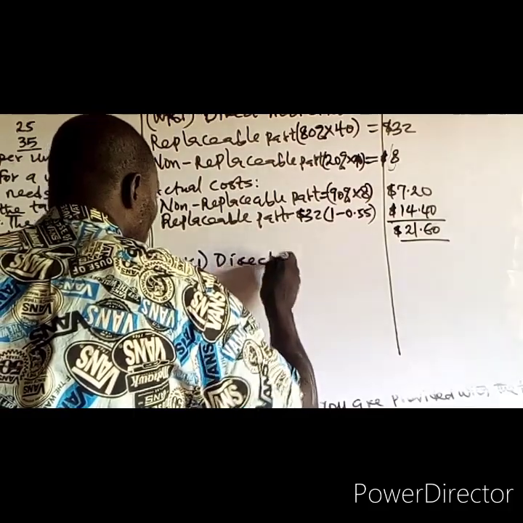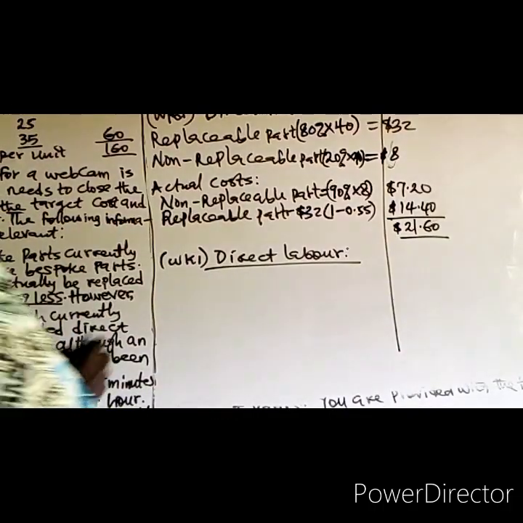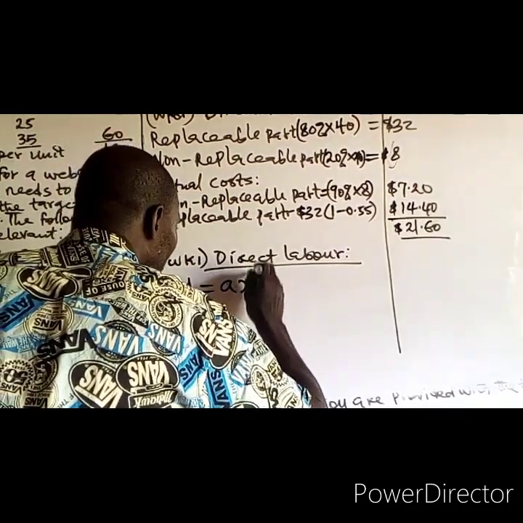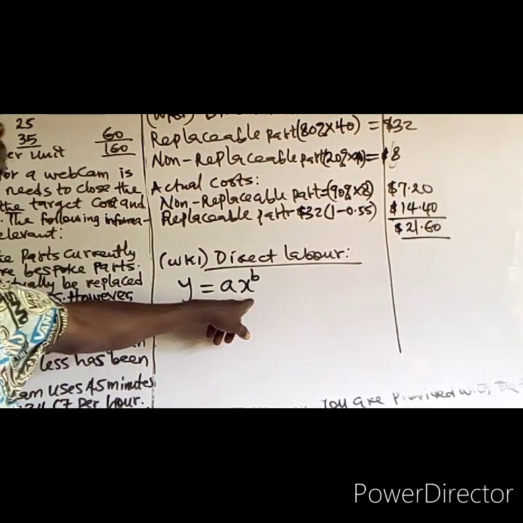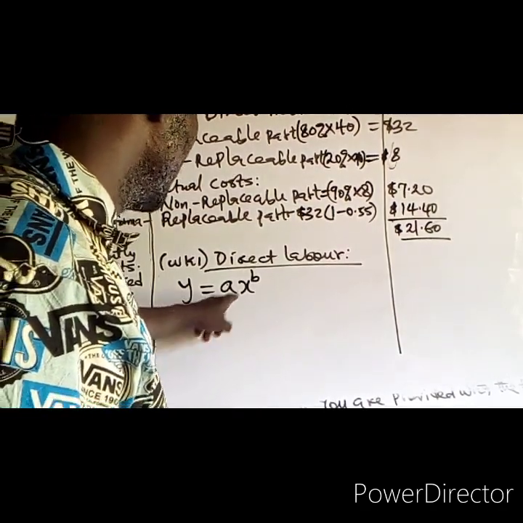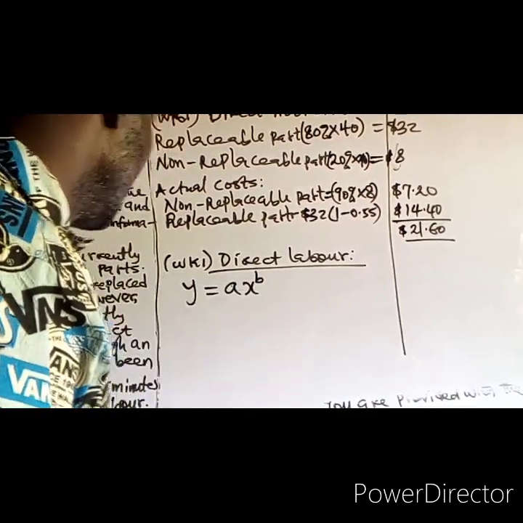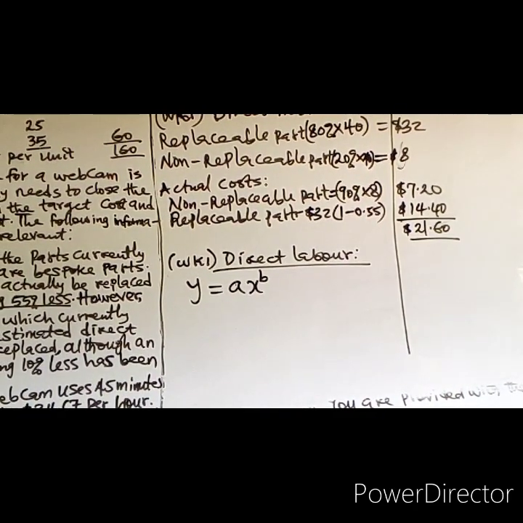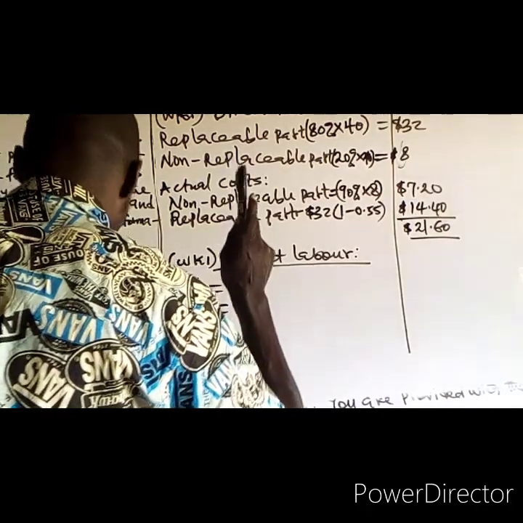Using the algebraic method of learning, we have y equals a x raised to power b, where y is the average cost of producing the cumulative output, a is the time for producing the first unit of the first batch, x is the cumulative output over the number of units in the first batch, and b is the logarithm of the learning rate over log 2. So our a is the time spent in producing the first unit in the first batch.